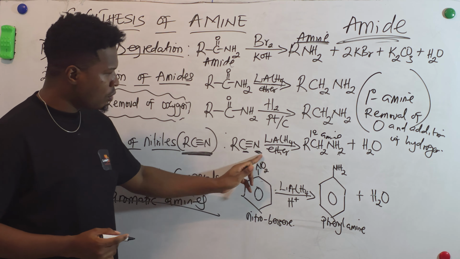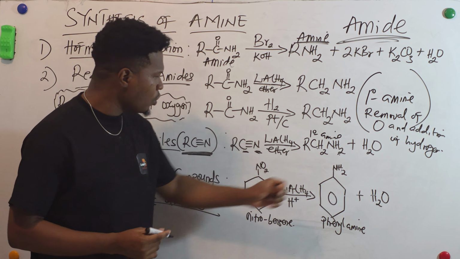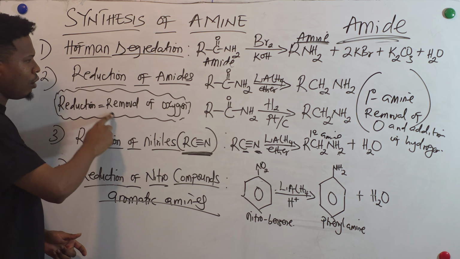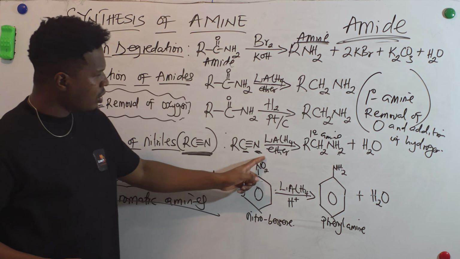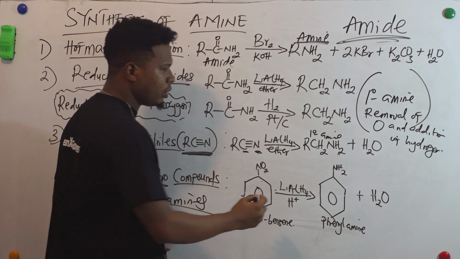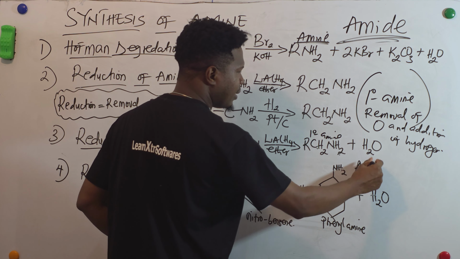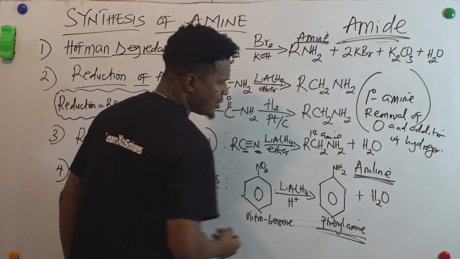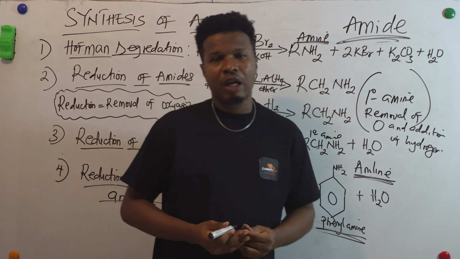You remove the oxygen and add hydrogen, so reduction simply means removal of oxygen. We replace it with hydrogen, so we have phenylamine, or you can call it aniline. Aniline is the common name, while phenylamine is the other name.